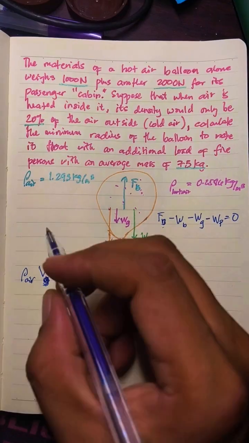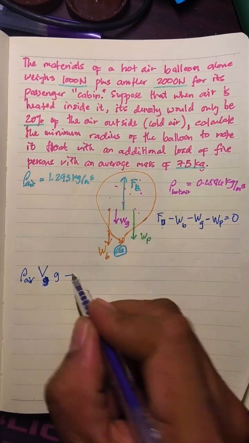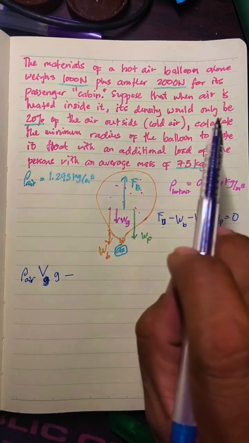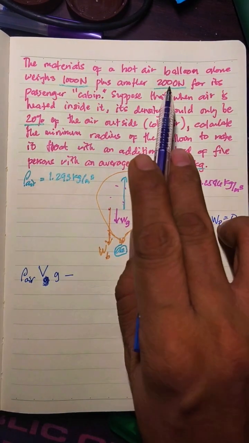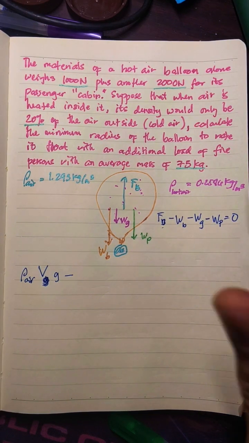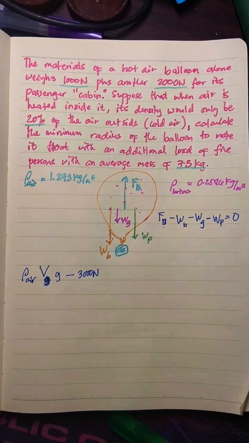Times g, minus the weight of the balloon, which is easy: 1000 plus 2000 newtons, so that would be minus 3000 newtons.